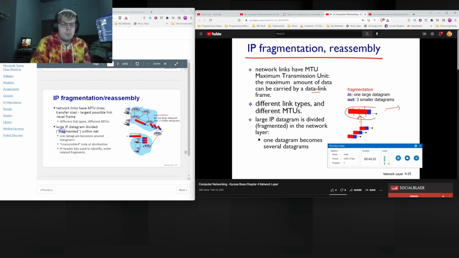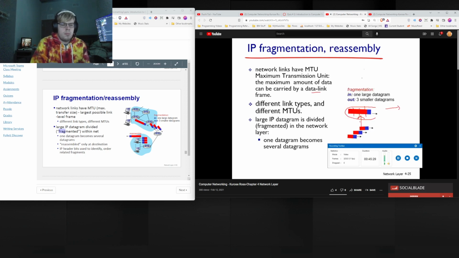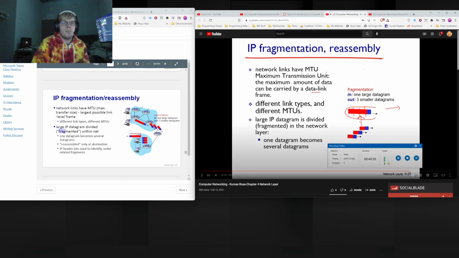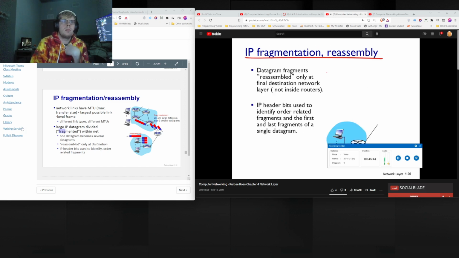So this is called fragmentation of the datagram. And why do we need fragmentation? Because the maximum transmission unit of different links are different. So the link may not be capable of sending a large datagram. That's why it fragments the large datagram into multiple smaller datagrams.